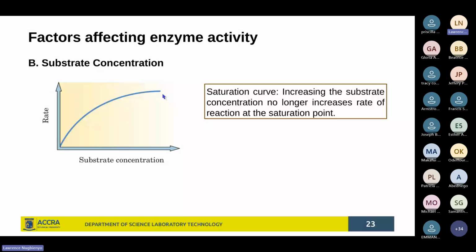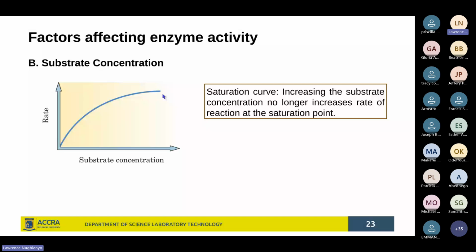There are enzymes in there, all right, but the enzymes are occupied by molecules of substrate already. So even if you are adding more substrate, the enzyme molecules are engaged, and so they will not be able to react with those extra molecules of substrate which you are introducing into the system.